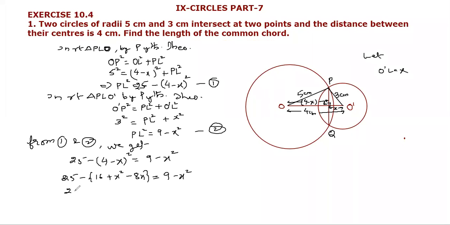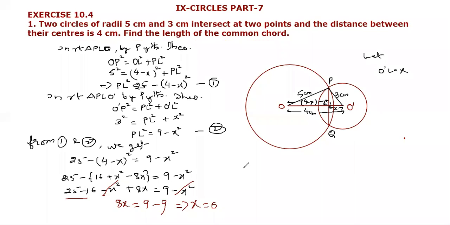So 25 minus 16 minus x square plus 8x is equal to 9 minus x square. And this minus x square will cancel with minus x square. So we get only 8x is equal to 9 minus 9, since 25 minus 16 is 9. So 9 minus 9 is 0. So x is equal to 0.